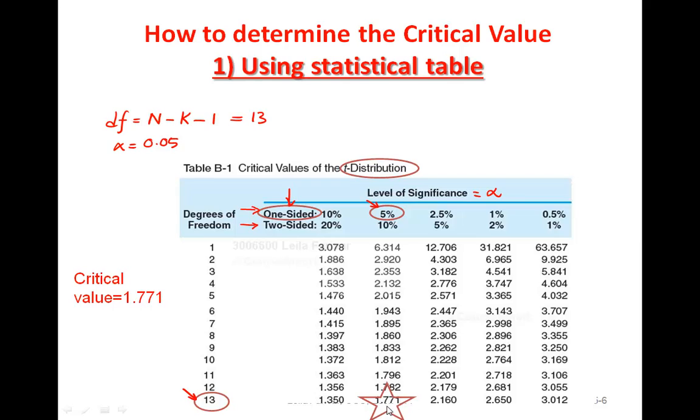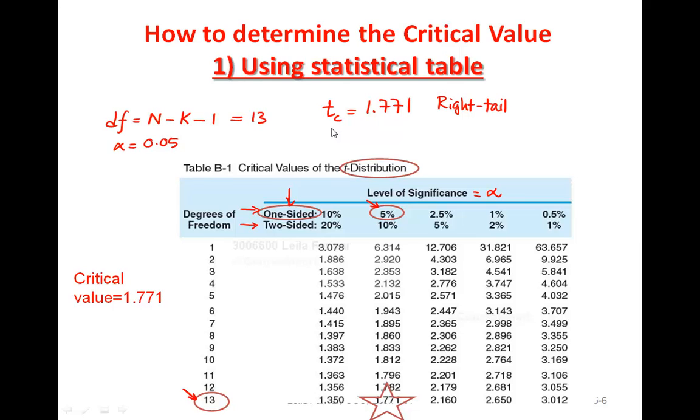Our critical value would be 1.771. So t critical value would be 1.771. This was for the right tail hypothesis that we had in the beginning.